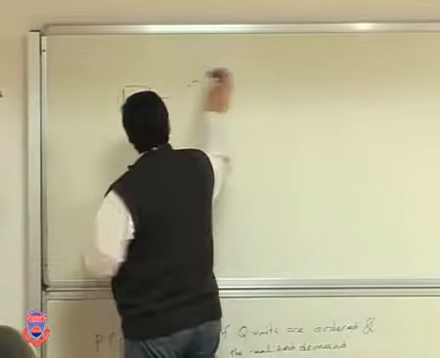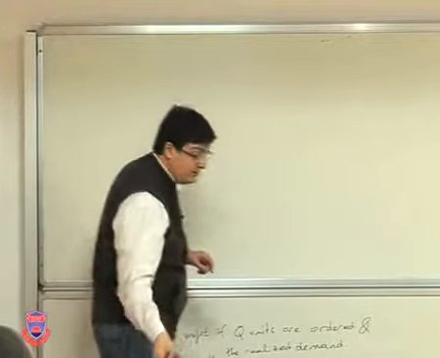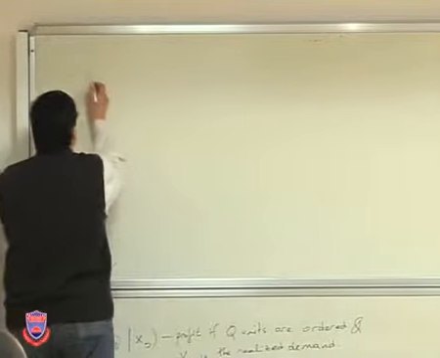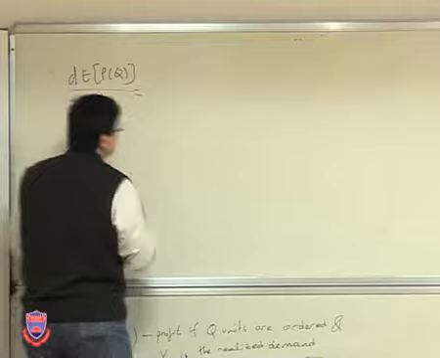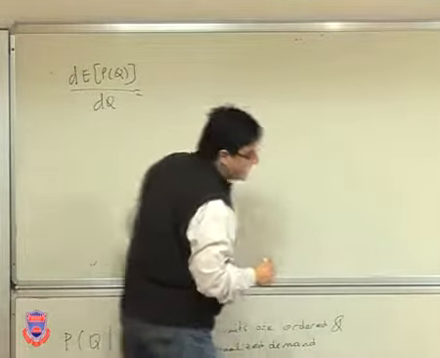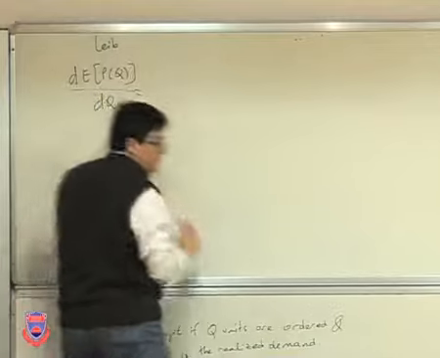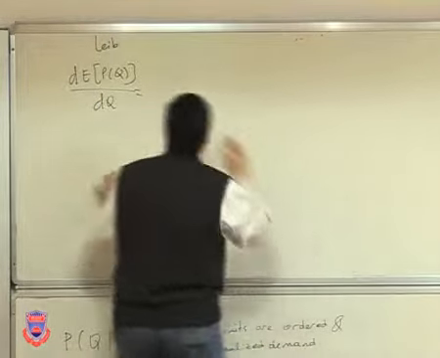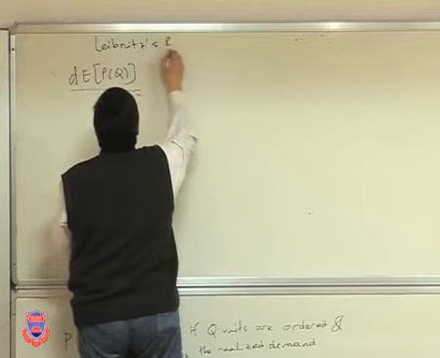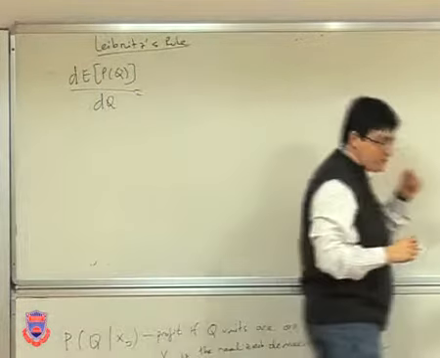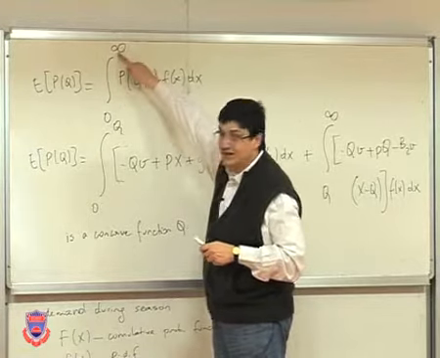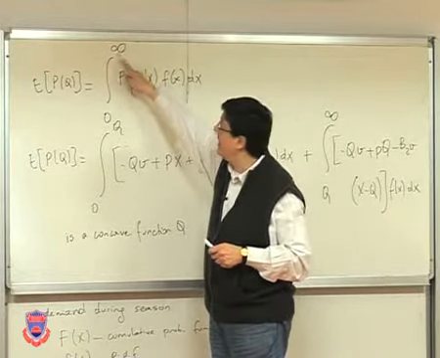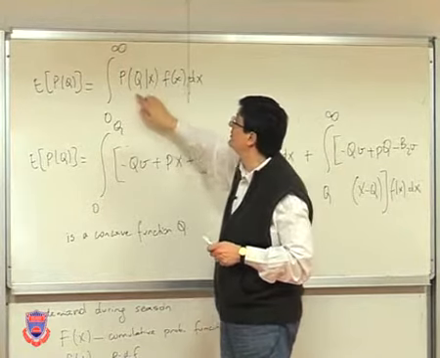Okay, so the next step is to take the derivative of this term. When you take the derivative of this term with respect to Q, you simply apply the Leibniz rule. There are three terms in this rule. The first term is you take the derivative of the upper bound and plug the upper bound into this functional form.